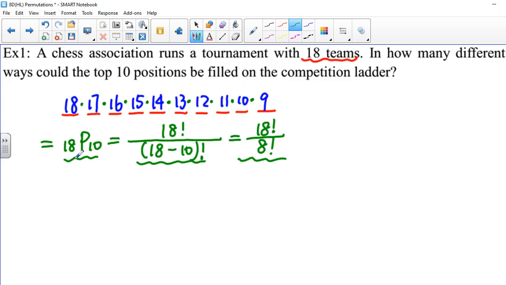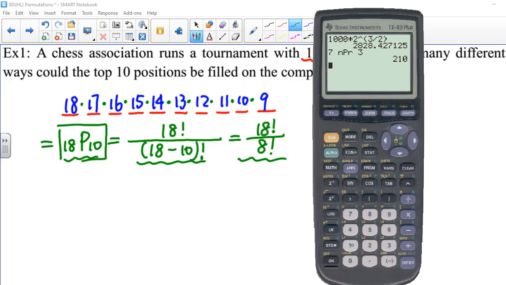If you want to find the numeric value, you can use this one on the graphing calculator. So let's find 18P10 and put a 10 in. So it's 1.587890304 times 10 to the power of 11.